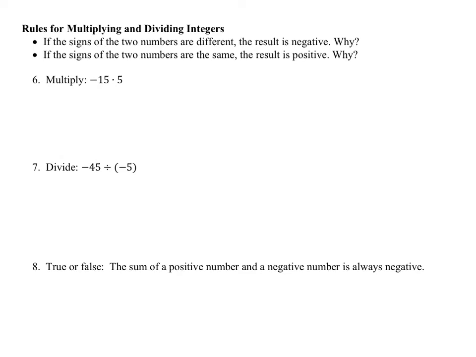Lastly, we're going to do the rules for multiplying and dividing integers. These are the two rules. If the signs of the two numbers are different, the result is negative. Let me show you the deal with that. Let's look at example 6 here. Let's suppose I lose $15 a week.